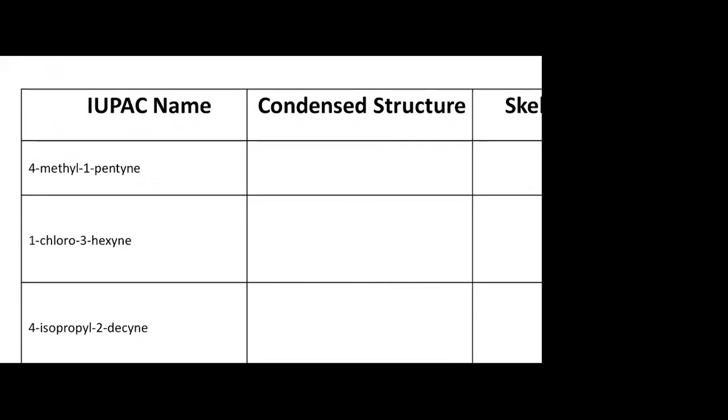How many carbons in the longest carbon chain? Excellent. I love to see those fives. So we have 1, 2, 3, 4, 5. Where is my carbon-carbon triple bond? Between carbons 1 and 2. Then on carbon 4, I have a methyl group.